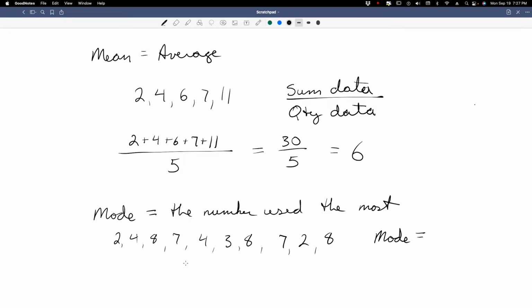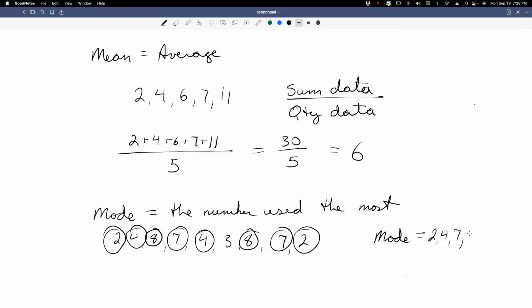Let's say I get rid of an 8 for whatever reason. Now I have 8 2 times, I have 2 2 times, I have 4 2 times, and I have 7 2 times. So my mode becomes, and we list them in numeric order, 2, 4, 7, and 8. How about that? I have 4 modes in this set of data, and 3 is just used once, so it's not considered part of the mode.